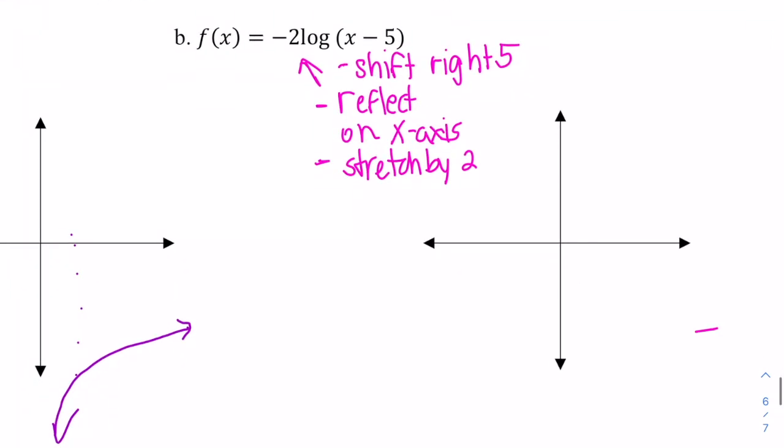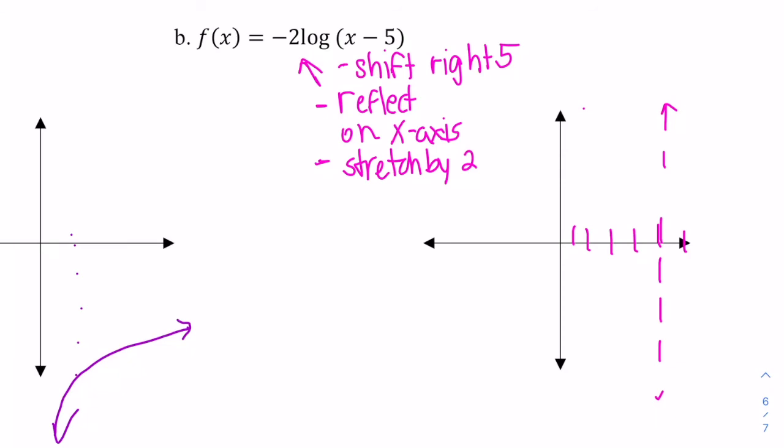Okay, so initially, it was shifted to the right here. Initially the function would have gone through, but now we're going to reflect it, so it's going down, or it's decreasing. And let me move this. So make sure that's 5.